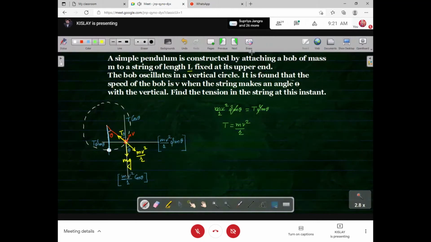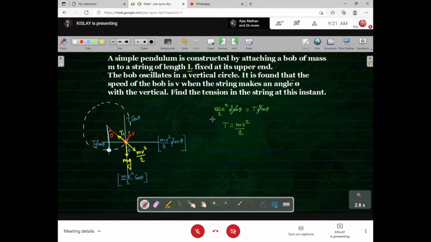mg will also act on it. T sin theta, T cos theta, mv square upon r. We will get T, that's right.